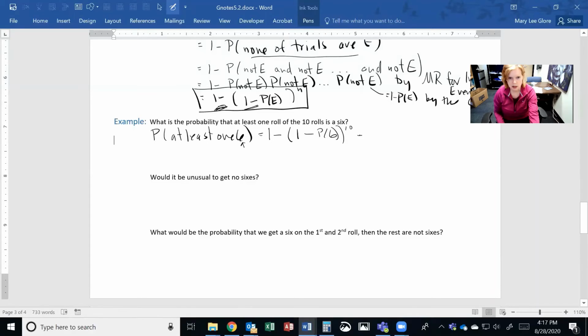All right, so this is 1 minus 5/6 to the 10th.